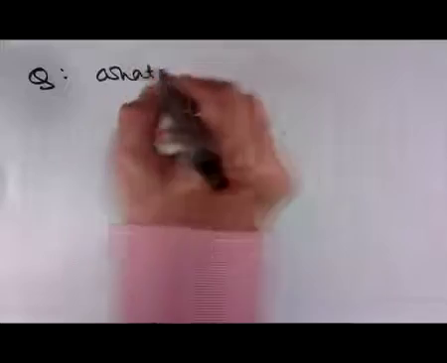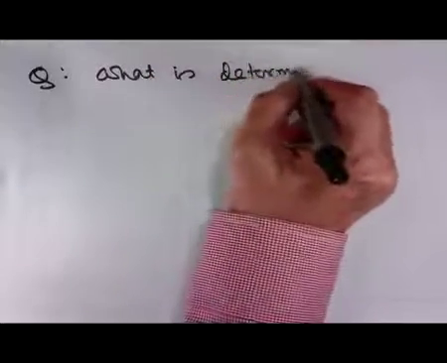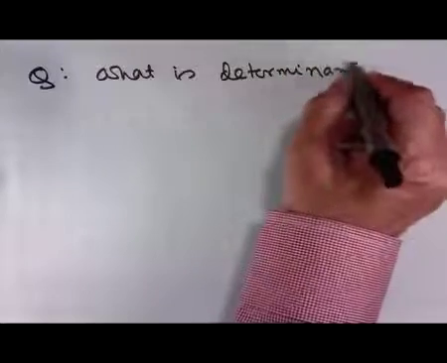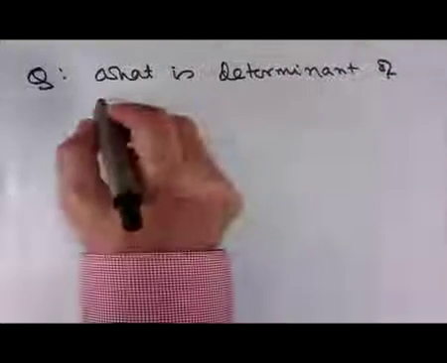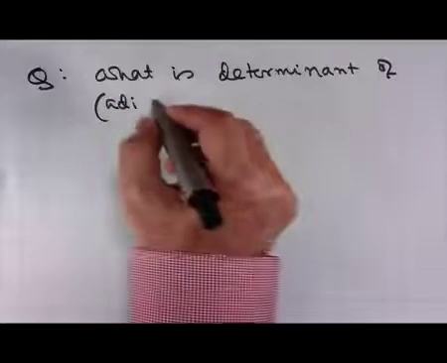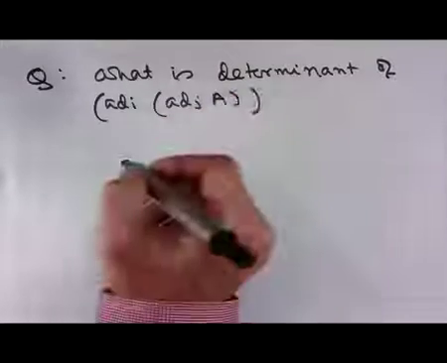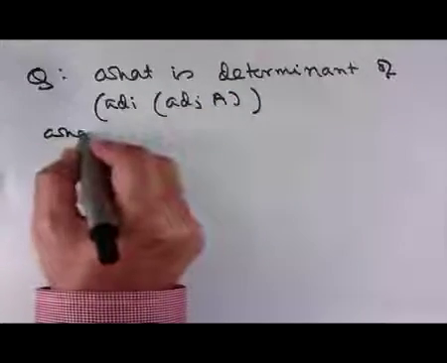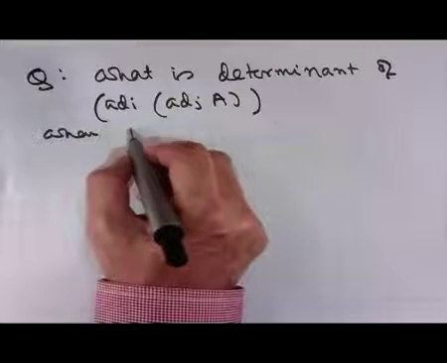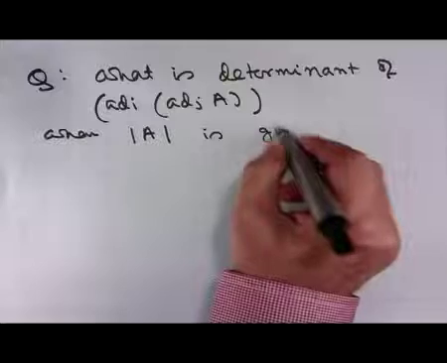What is the determinant of adjoint of A when determinant of A is given?